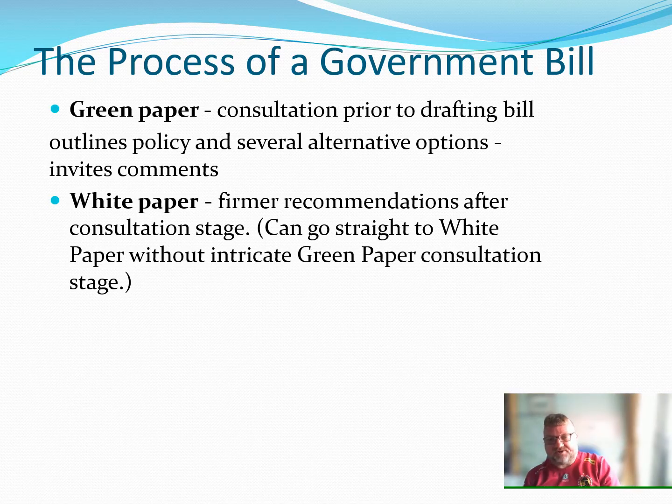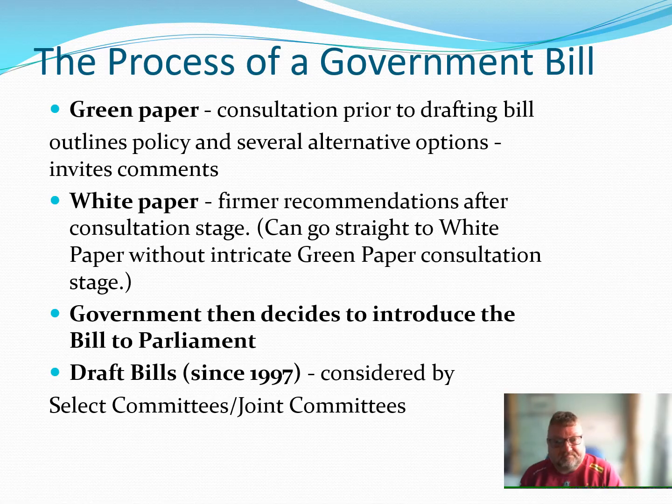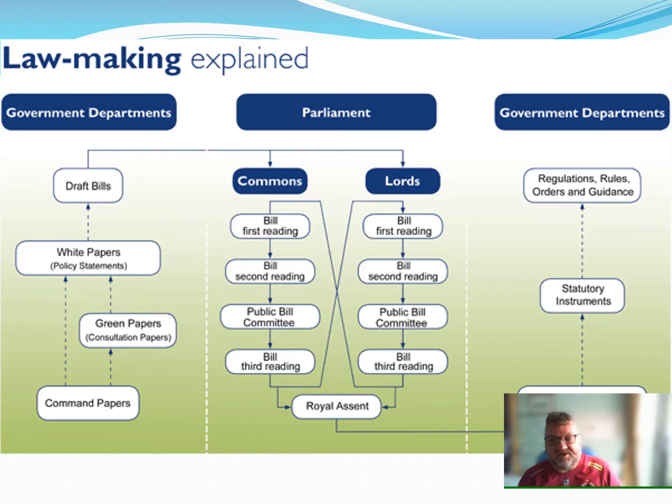It just depends on how complex the bill is. The government then decides to bring the bill to Parliament. So we go green paper, white paper, all sorted out, right, we're going to bring the bill to Parliament. And then the bills are considered by various committees and joint committees as they go through Parliament before being signed off.